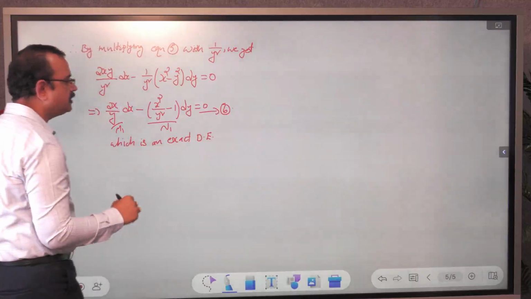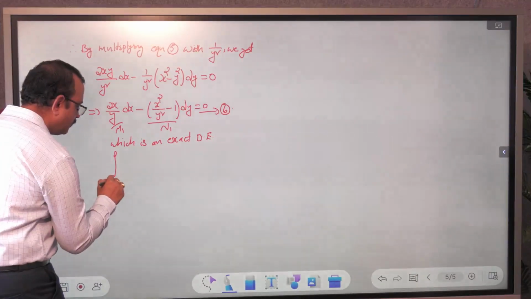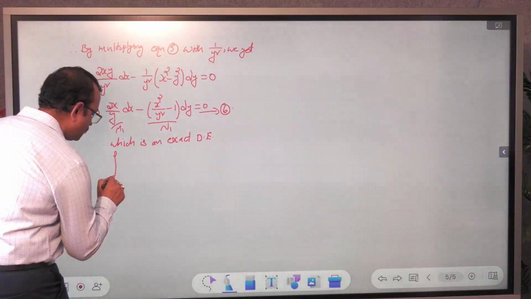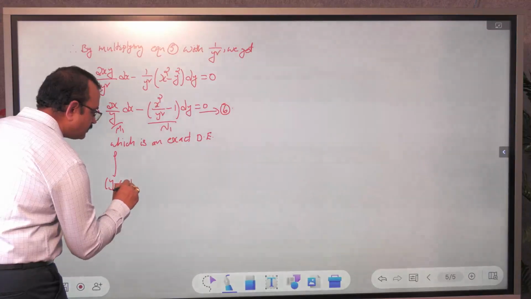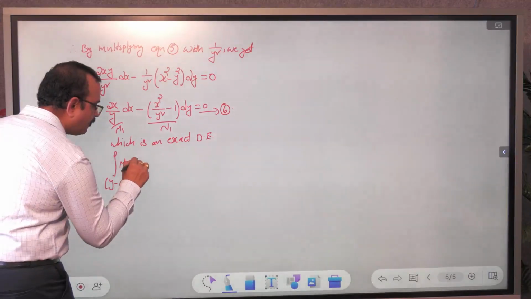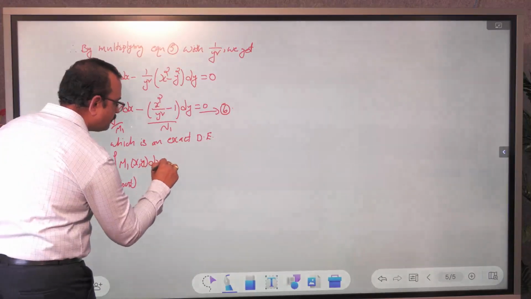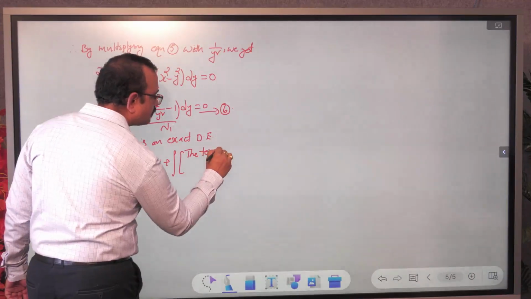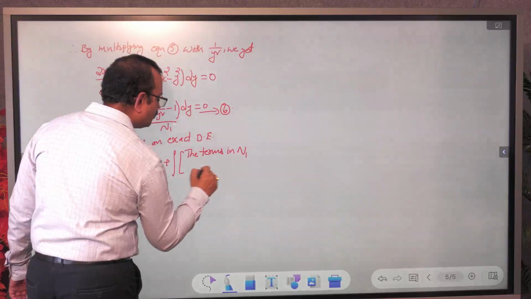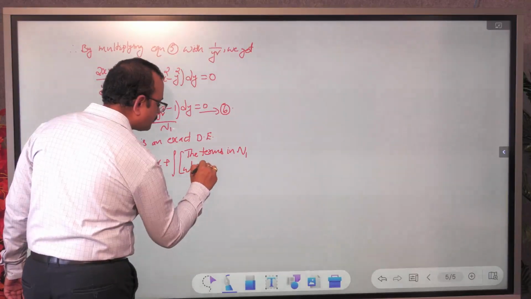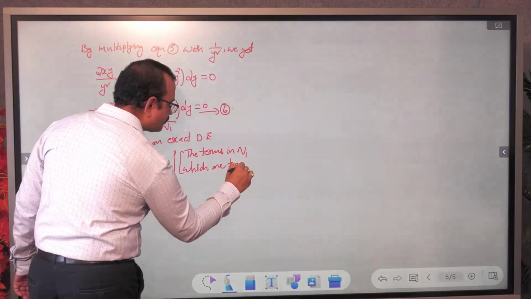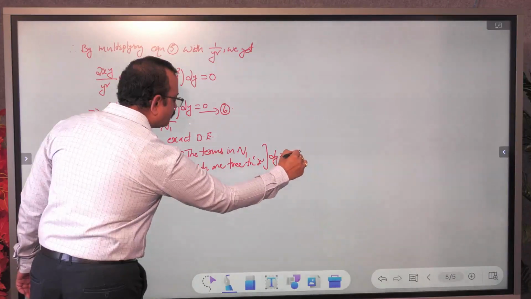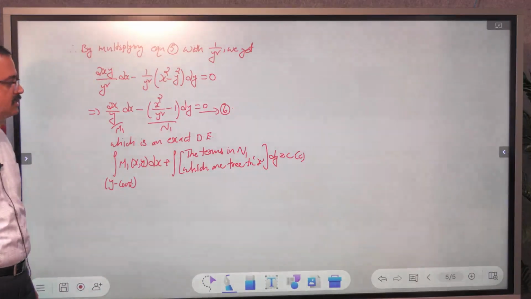Is it clear? So we can find its general solution by using the formula: integral, treating y as a constant, M1 dx, plus integral of the terms in N1 which are free from x, into dy, is equal to c.